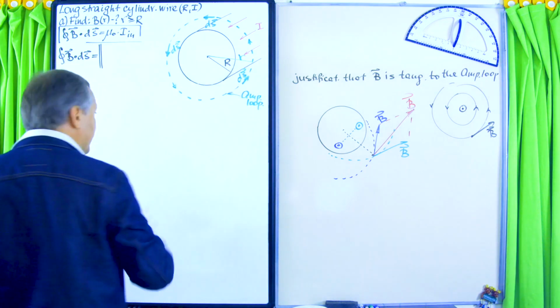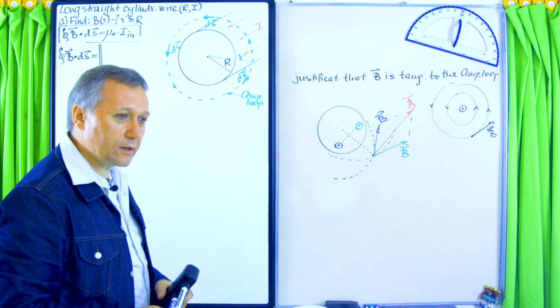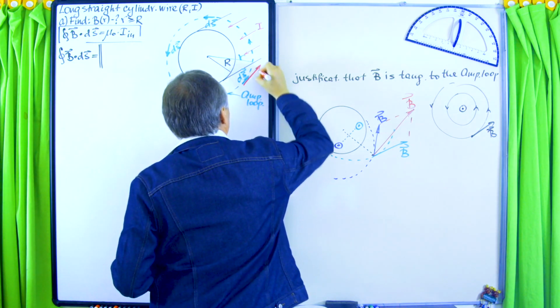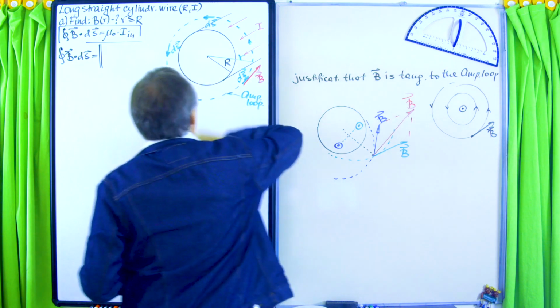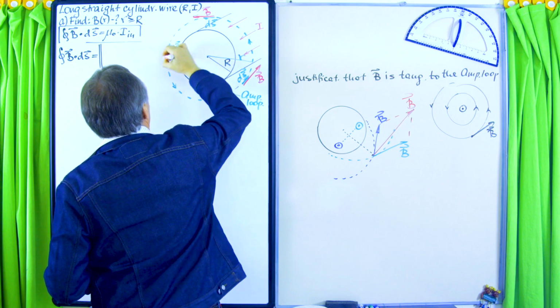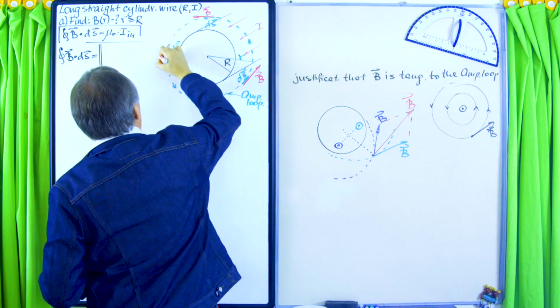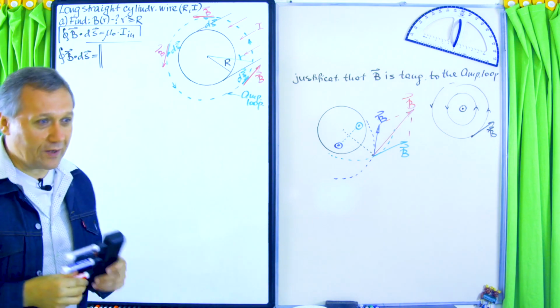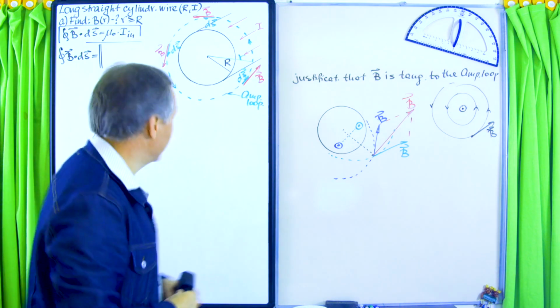Okay, so now I can draw my magnetic field vectors. I can draw a few. So that's my B. That's our B. Now all the vectors are on the picture, so I can continue.